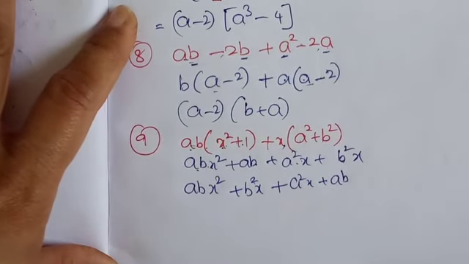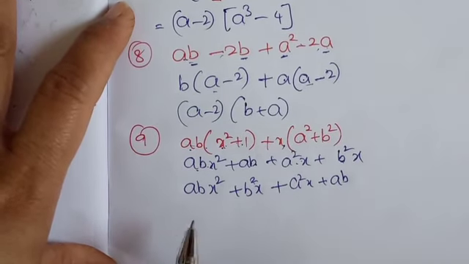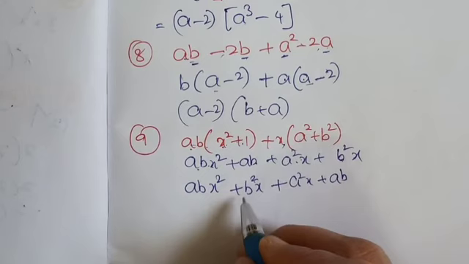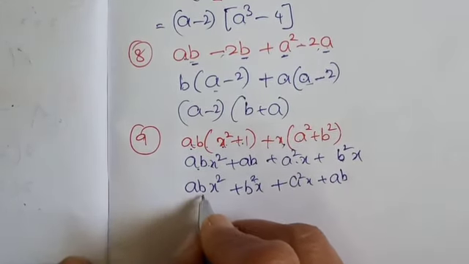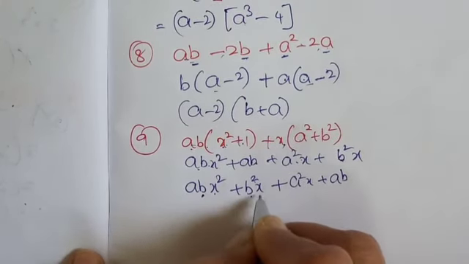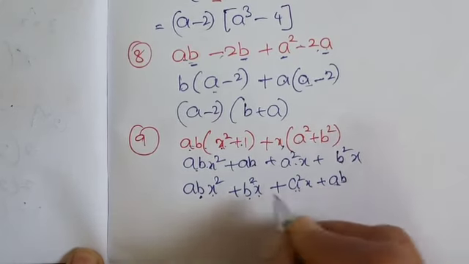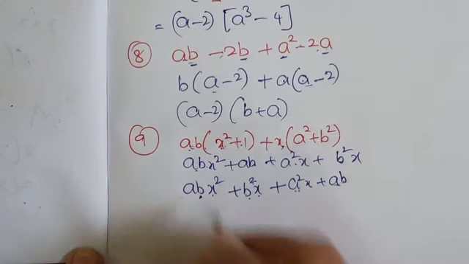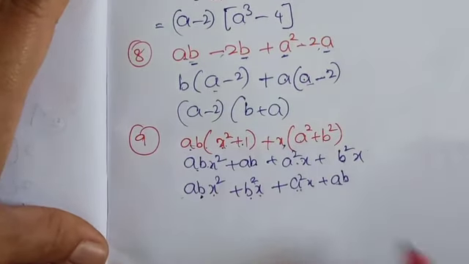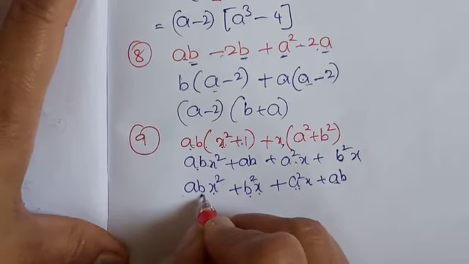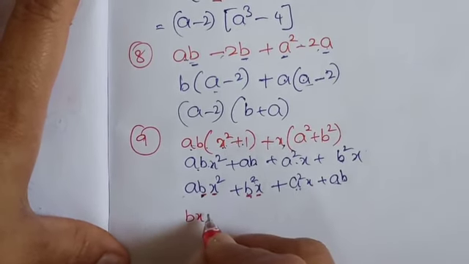Can you understand this, children? Because according to whichever is convenient to you, you take common. Suppose here for me convenient is b and x. Here is a, then x and b will be left. bx I'm taking common, x and b will be left. Let me check once. So bx is common.